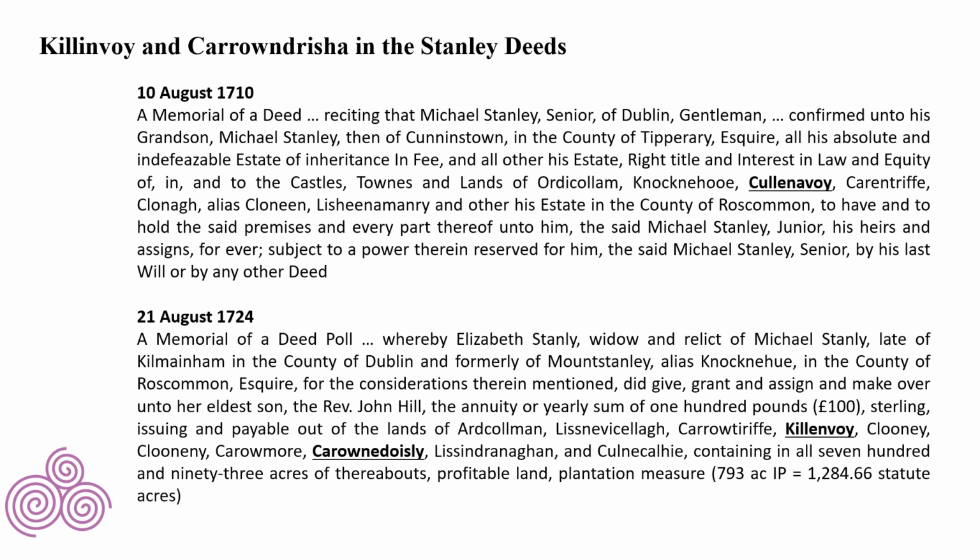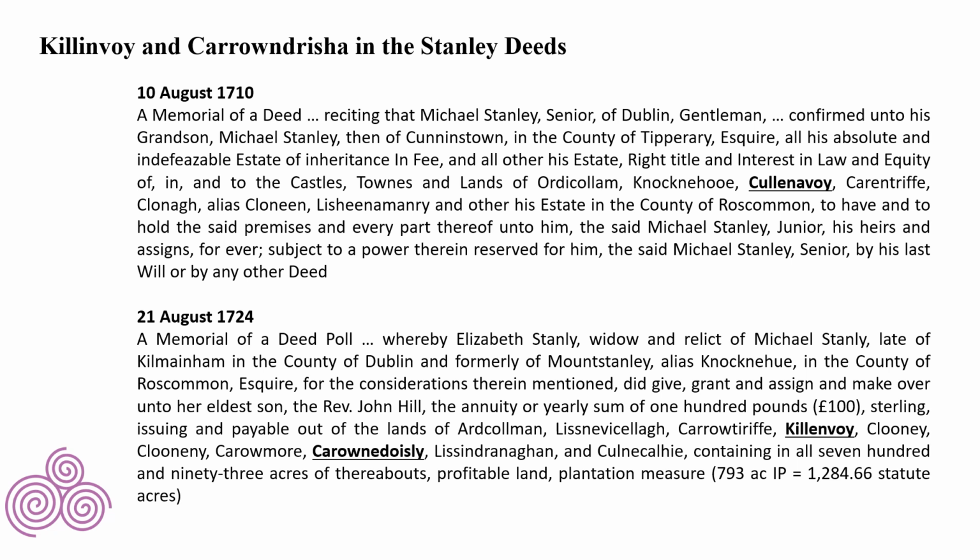So here we have two deeds that Nuala discovered. First is a memorial from 1710, where Michael Stanley passes his estate, including Cullenvoy, to his grandson Michael. All the townland names are spelt slightly differently, but they're still identifiable as the same townland estates as in the grants. The second memorial then confirms it.